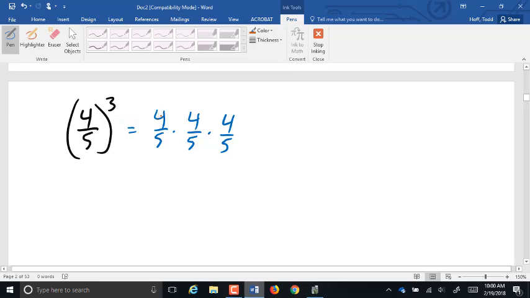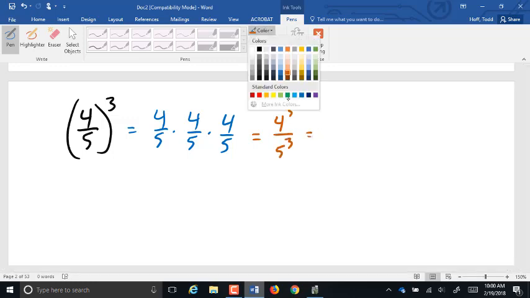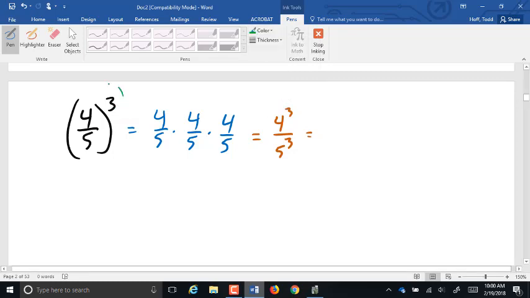Well, when we multiply fractions, we can just multiply the numerators, 4 times 4 times 4, and multiply the denominators, 5 times 5 times 5. So it basically turns into 4 to the third over 5 to the third. We've mentioned this before. When we take a fraction to a power, we can just do the numerator to that power and the denominator to that power.